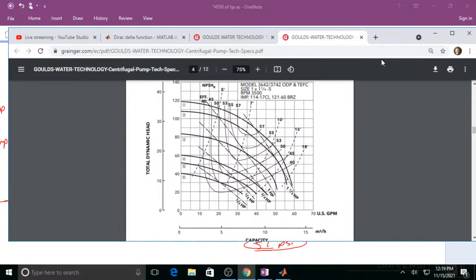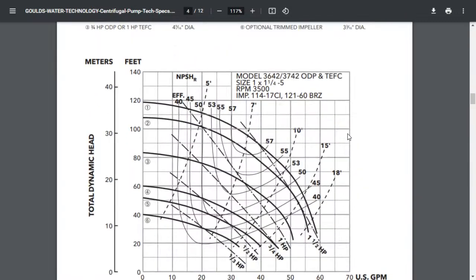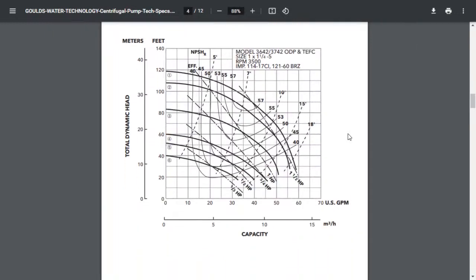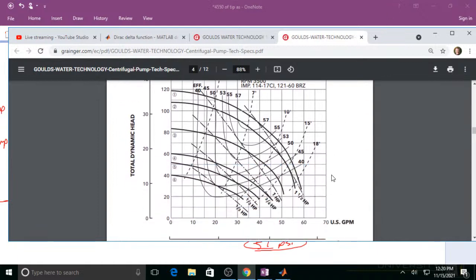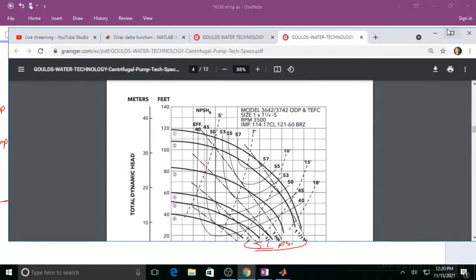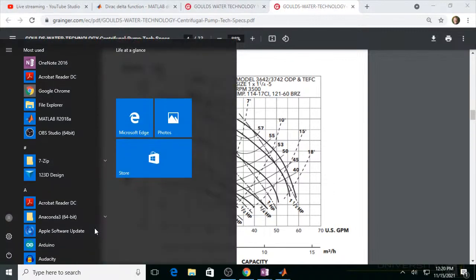So let's do this if I can. Let's see. Is it F11? Makes it full screen. Can I do a snap there? Apparently I cannot. It doesn't let me do that. So how do I do this? Okay, F11. I gotta have the lower part. Let's try this. Why is it not working? Okay, well then we'll do it this way.